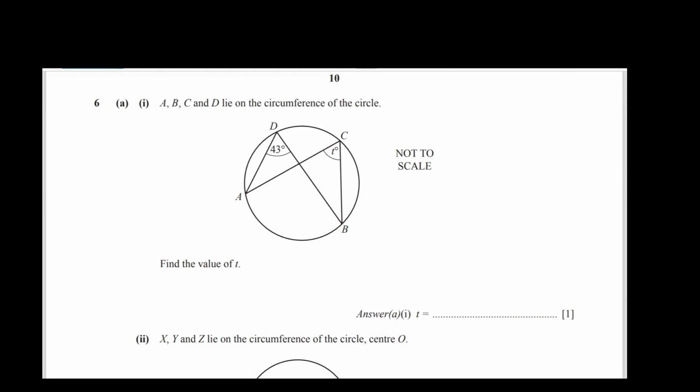We know that the angles from the same segment are equal. The starting point is A and the ending point is B. The angle formed at the circumference, starting at A and ending at B. Similarly, for angle D also, the starting point is A and the ending point is B. Both angle D and angle C have the same starting and ending point.